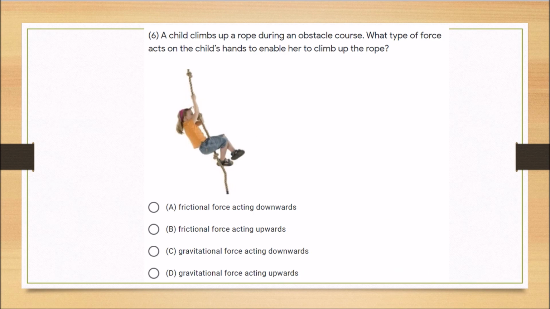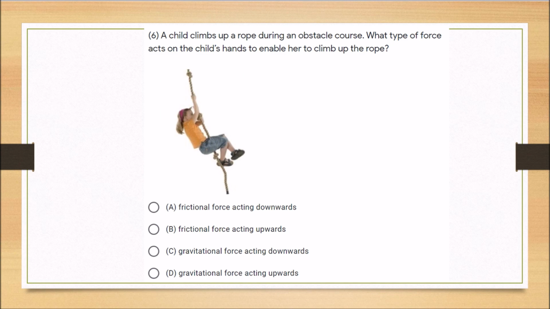This child is moving up a rope. Now, the reason why she's able to climb up: if there's no friction, the girl will definitely slip and go down. Just imagine you're holding a metal pole and it's coated with oil. There's no way you can climb up because there's no friction. So the reason why she can climb up is because there's friction.